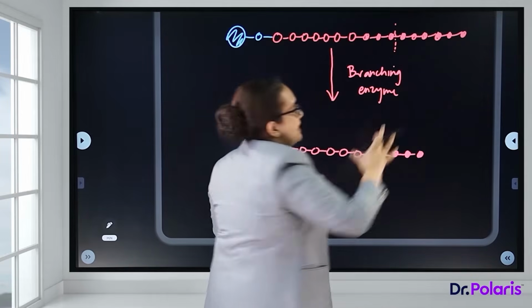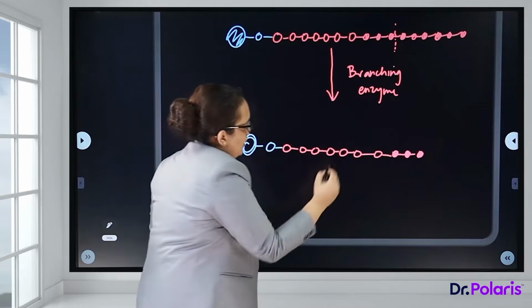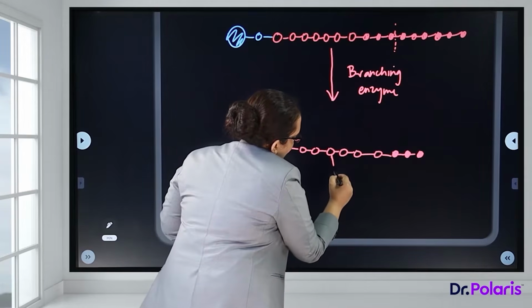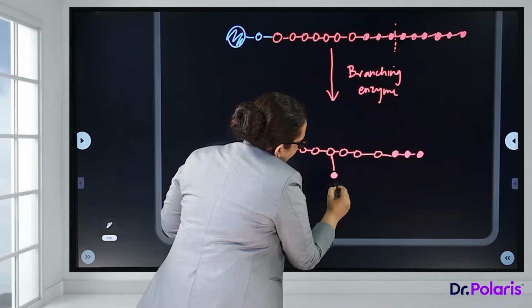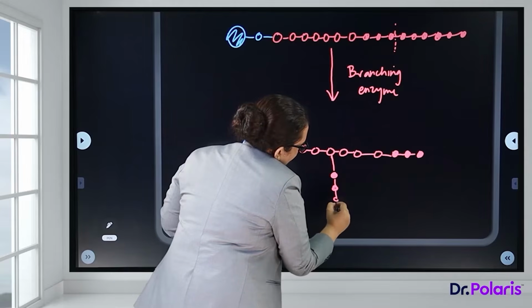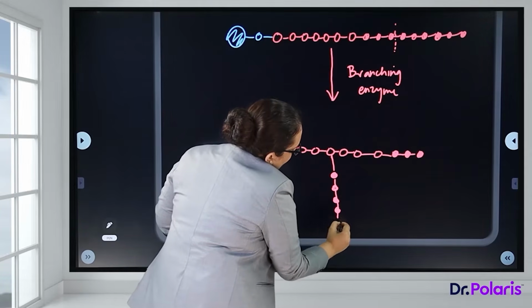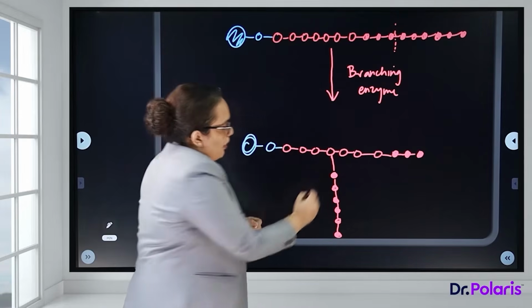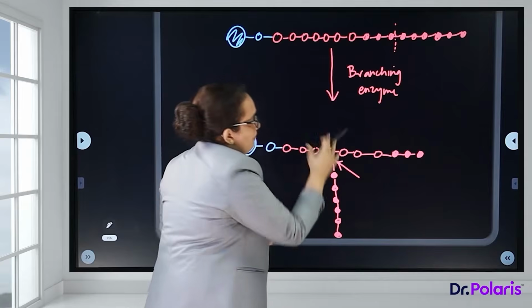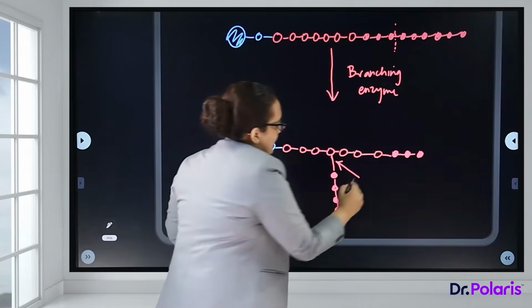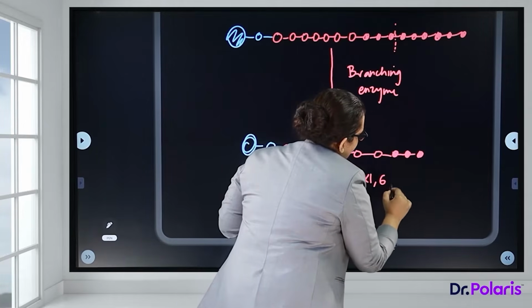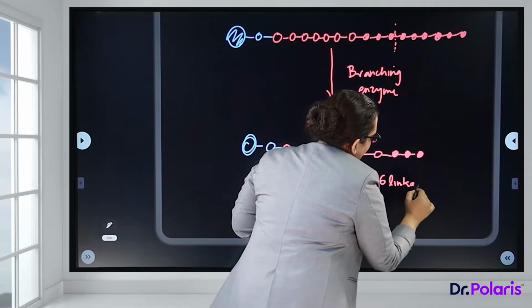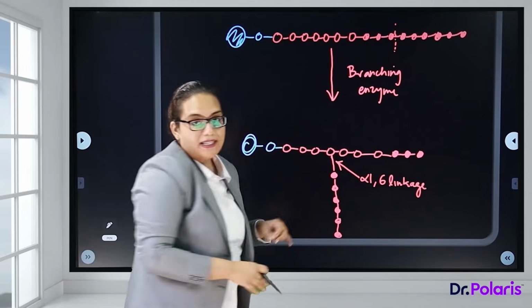And then the remaining 6 glucose units are shifted to a branch point somewhere here. So the bond that is formed at the branch point by the branching enzyme is known as alpha 1,6 linkage. This is how a branch point is added.